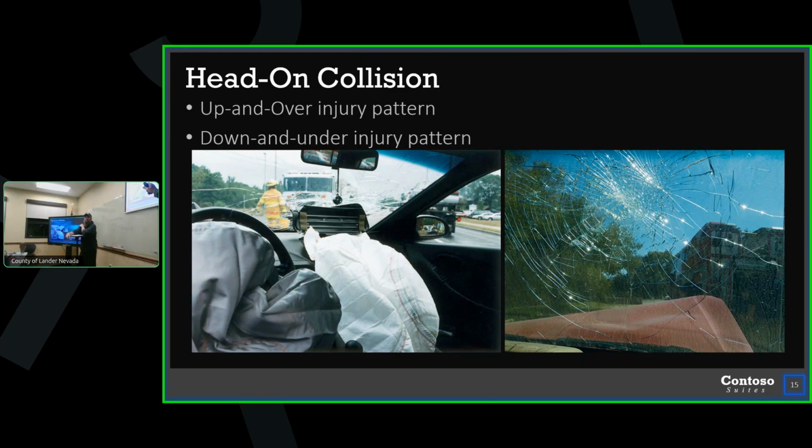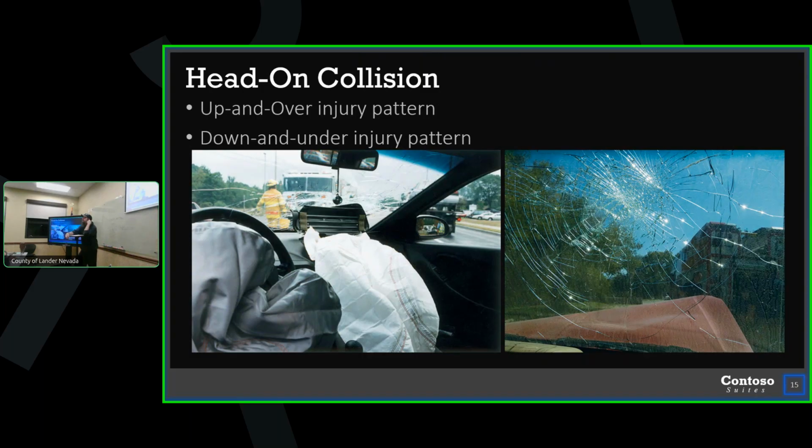You can see here too that this can be confusing, because where this airbag door came up, it also caused windshield scarring. But that wasn't from someone's head. That was from the airbag. Make sure you're looking across the whole windshield. Sometimes you get on scene and the whole windshield's just completely shattered.